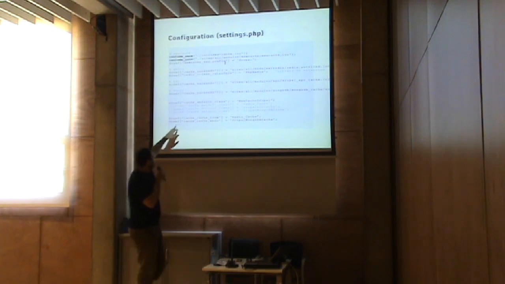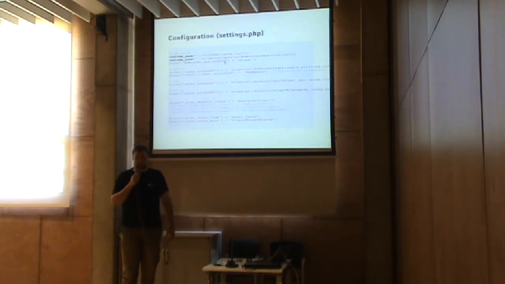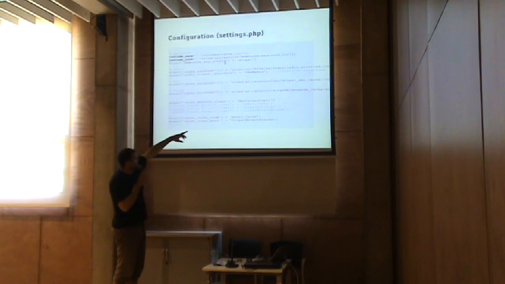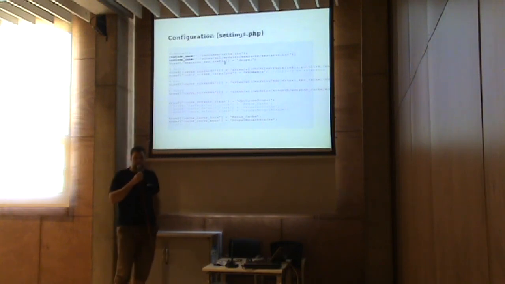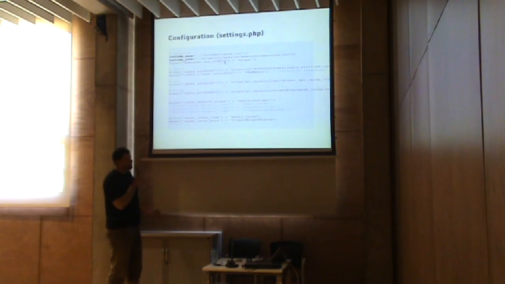And then here you decide which backend will be used by default. So all cache bins will live there. In the current configuration, Memcache is the default backend, and all cache bins will go there. And then you can override for a single bin and put it somewhere else.